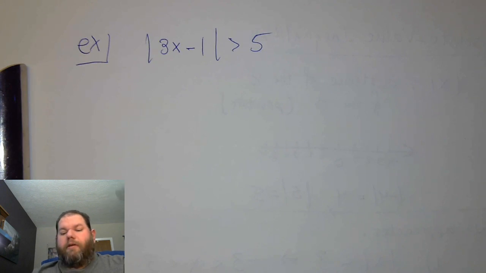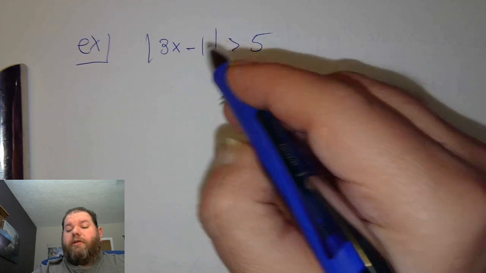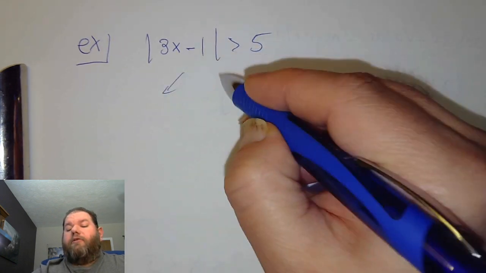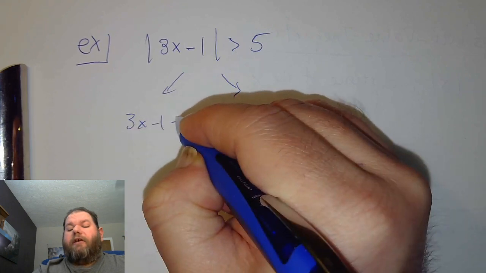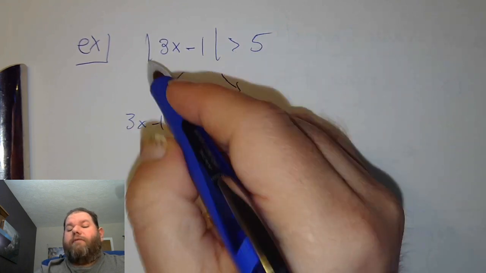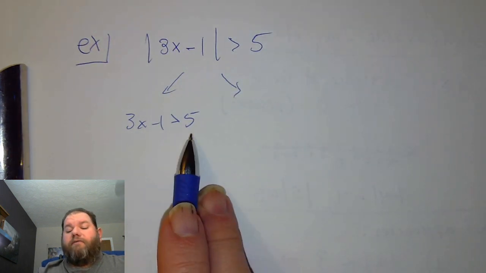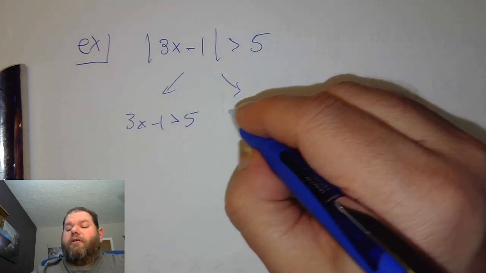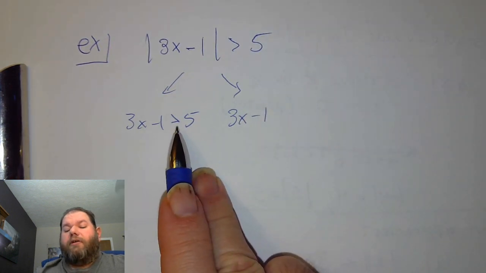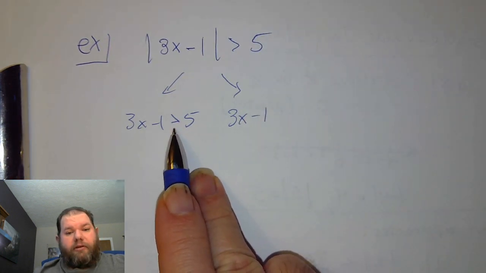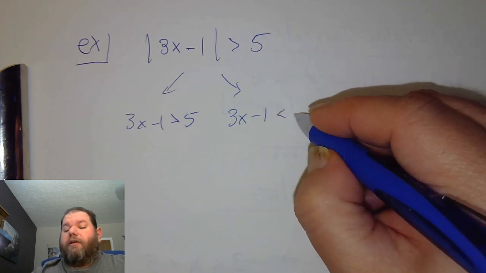Anytime we have greater than, that means we split it into two parts. One is exactly the same as the inequality we're given, just without the absolute value. So 3x minus 1 is greater than 5. And then we do 3x minus 1, and we switch both the direction of the inequality and the sign of the number. So less than negative 5.